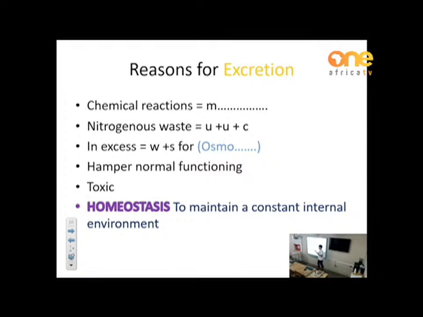If these are not excreted, it will hamper normal functioning of the body, and it can cause toxic conditions in the body. With that, we can add what is in our food that is not good for our bodies: preservatives, colorants, flavorants.